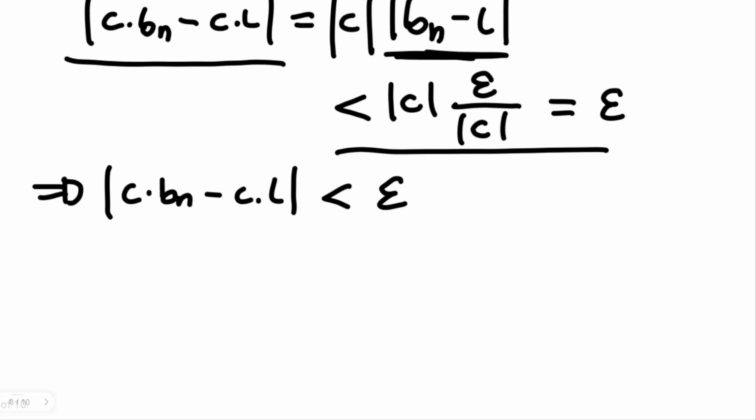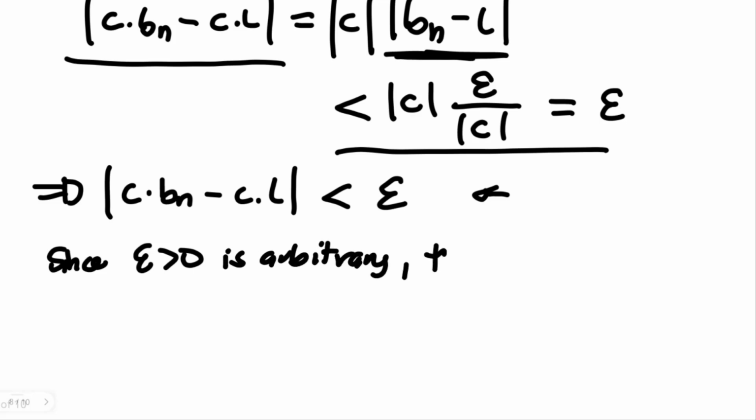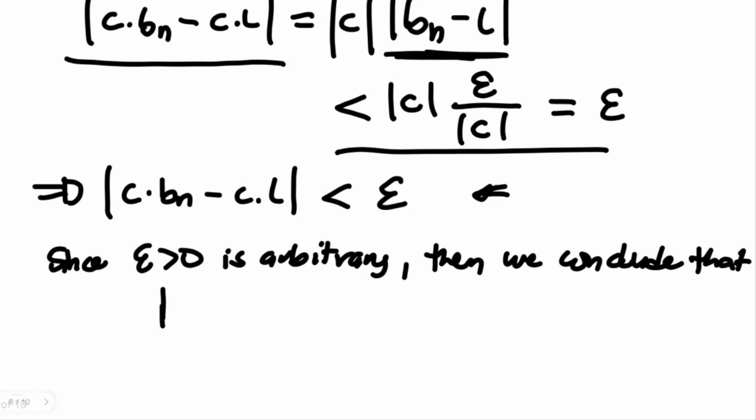So since this is already okay, since epsilon greater than 0 is arbitrary, then we conclude that the limit of the product of a real number c times your sequence b sub n is equal to the same real number c times the limit of b sub n, which is L. This is the proof for this limit theorem.